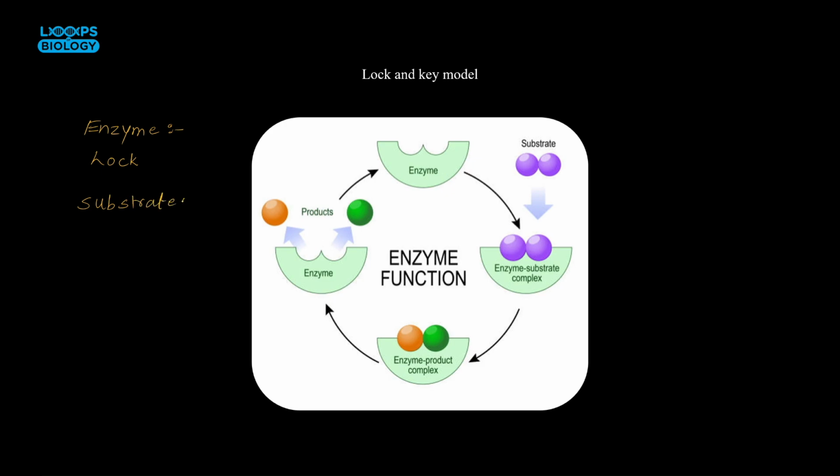The enzyme has a site for binding of the substrate. The substrate has to be of a perfect size and shape to bind inside the enzyme. Whenever the key of that particular lock binds with it, the lock will open. So the products are going to get formed.